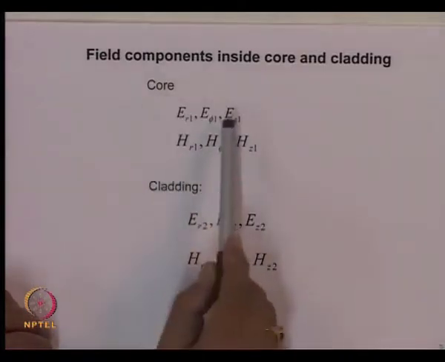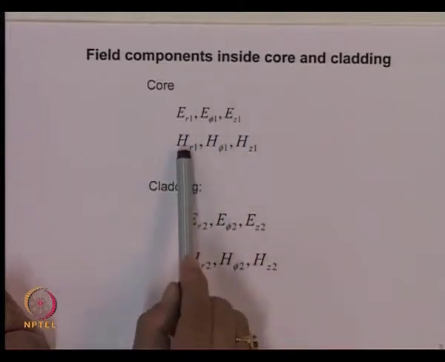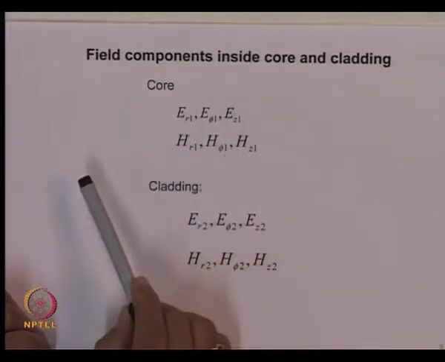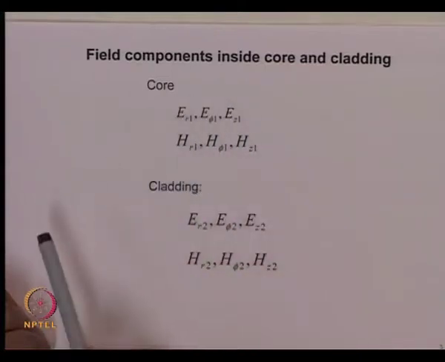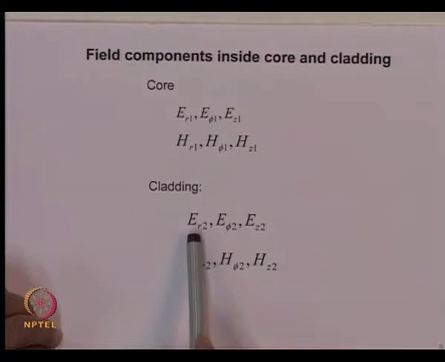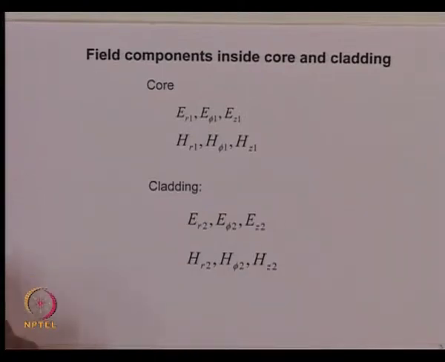So essentially now we have got 6 components: ER, E phi, Ez, HR, H phi, Hz, and suffix 1 denotes these quantities inside the core. Similarly, you have ER, E phi, Ez, HR, H phi, Hz with suffix 2. These quantities represent inside the cladding. Once you get these 6 components, then we can apply appropriately the boundary conditions at the core cladding interface, that is at R equal to A.